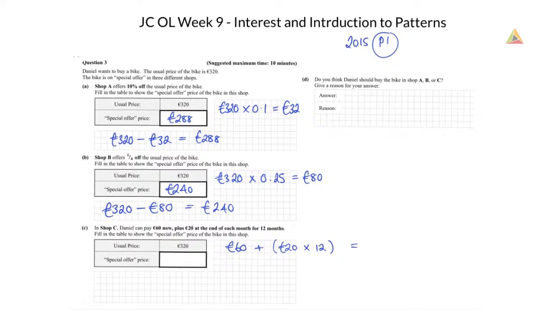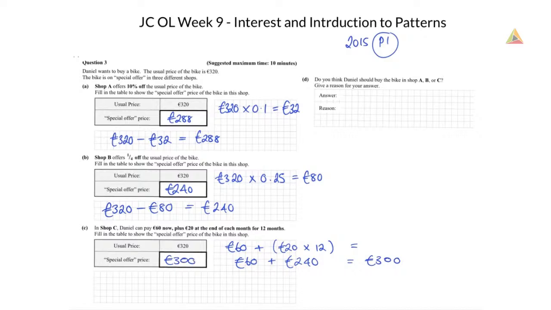So we need to get that figure, so that's going to be €60 plus 20 by 12, which is €240. And when you add both of those together, it's €300. So the special offer price there is 300.